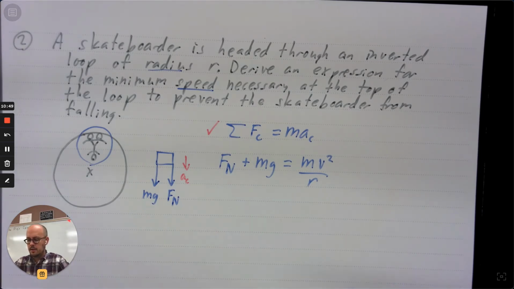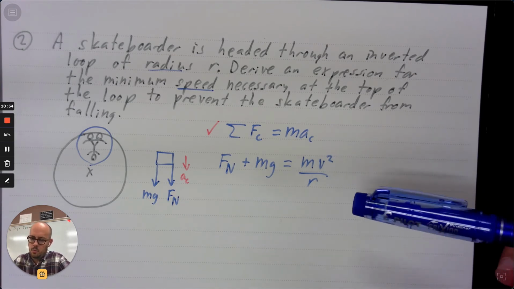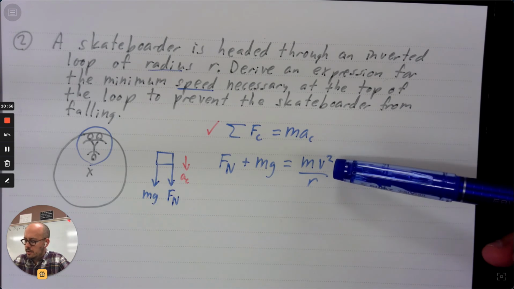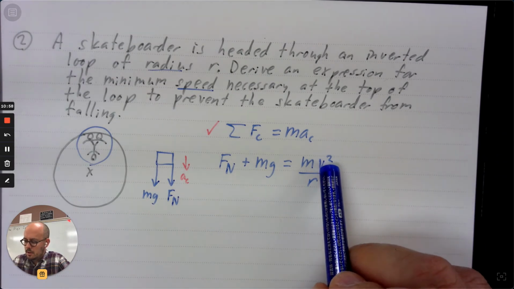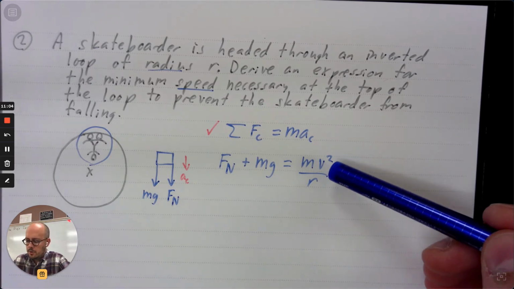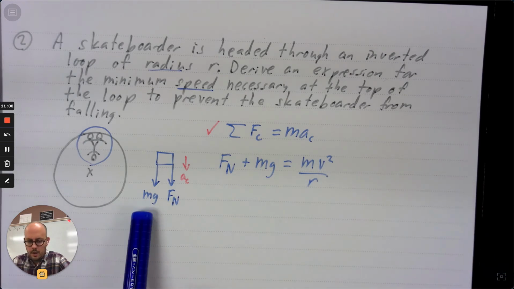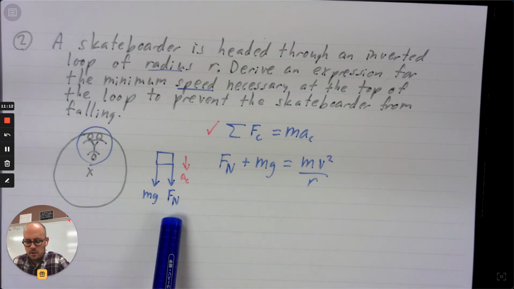So let's look at this equation and break it down. And this is what makes this video long, but minimum speed necessary to prevent the skateboarder from falling. Here's the concept. If the skateboarder goes really, really fast, they can't change their weight because that's constant for where they are, but they can change the normal force.